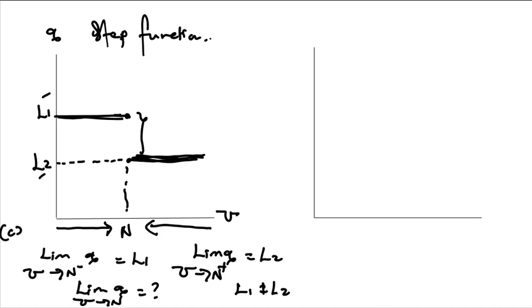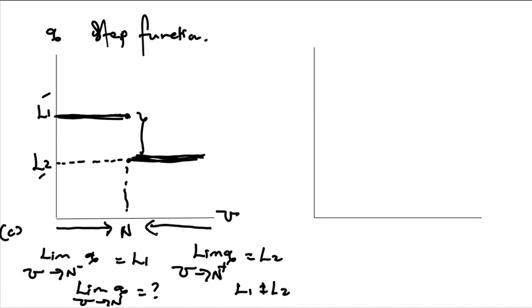Now, for instance, what's the application of a step function? Let's say V here is the amount of expenditure for pollution abatement, and Q here is the pollution level. For any V value below n, so n becomes a threshold, the level of pollution is very high, which is L1.